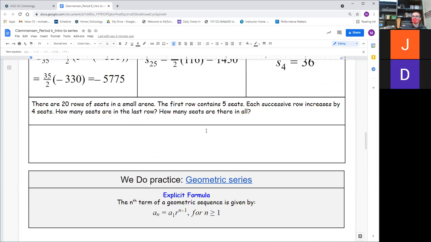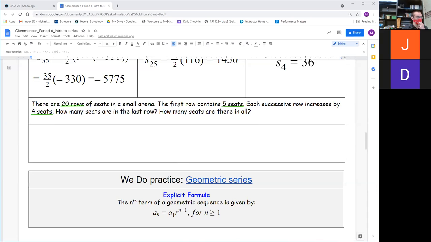All right. So let's start in on it. When I'm doing a word problem, one of the best things to do is to underline any numbers. All right, like 20 rows. Great to underline. That's probably going to be something that we need. 5 seats, probably something we need. 4 seats. So I underlined all of my numbers. Next thing to do is to underline any of those math words that we see.